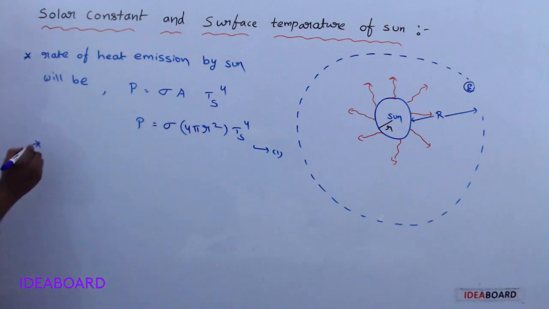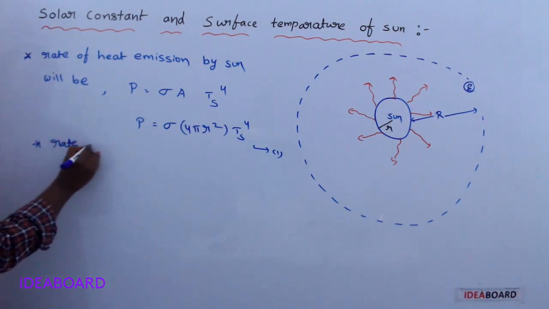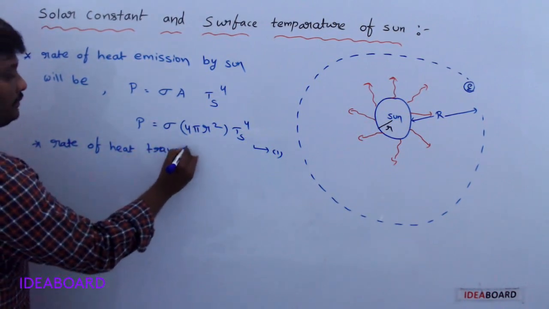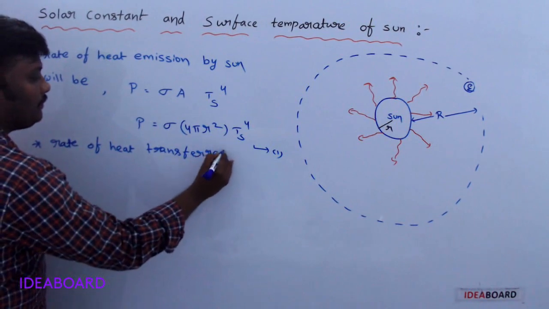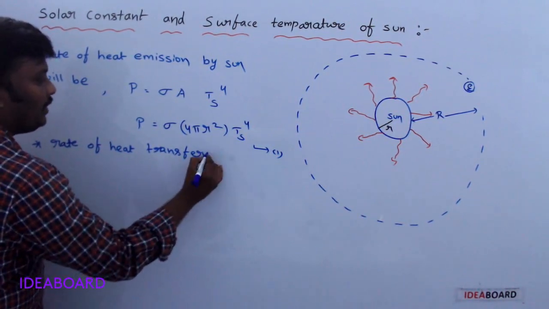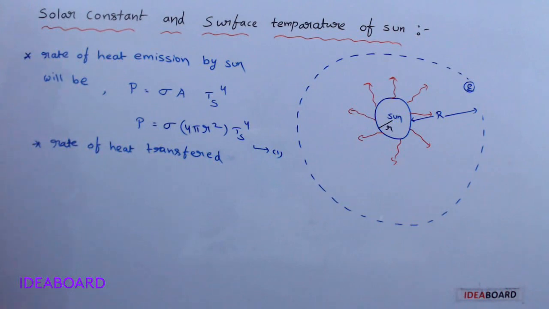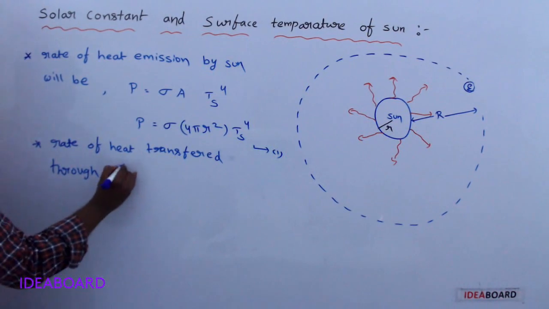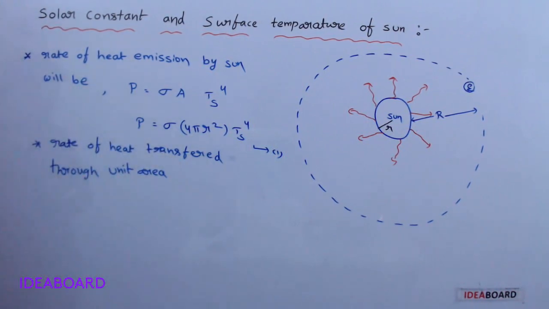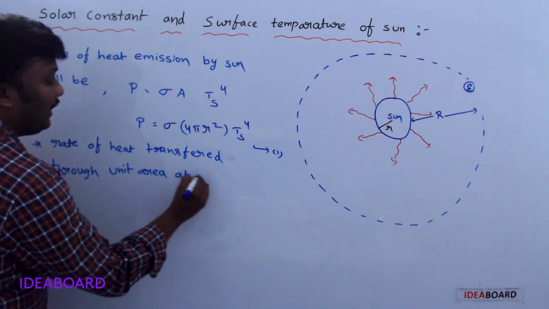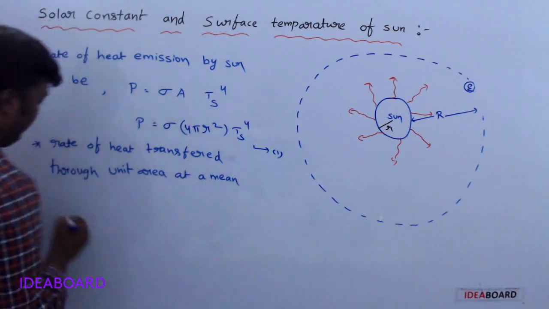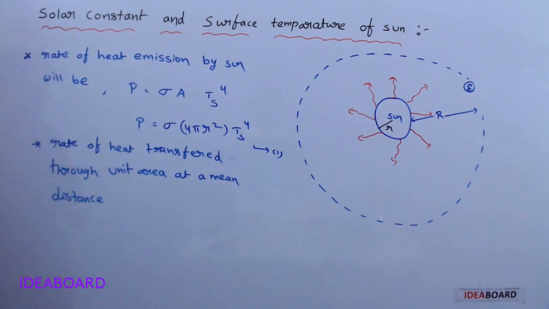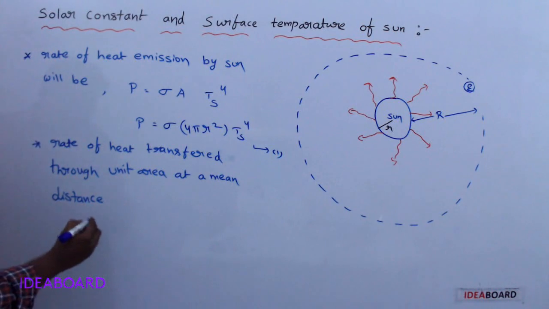So the rate of heat transferred through unit area at a mean distance capital R from the sun, what is the distance?